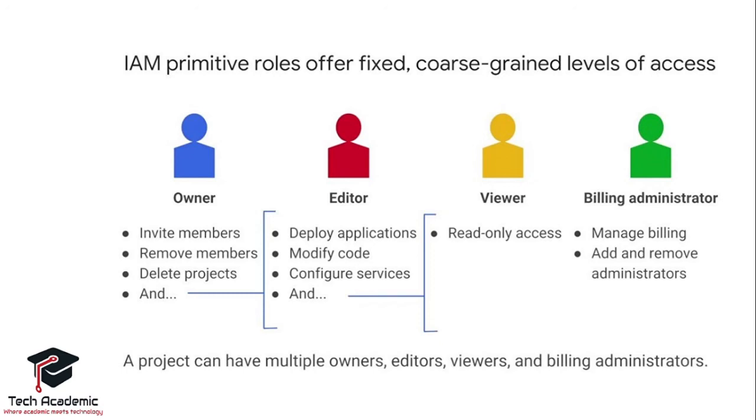Editor can edit the code, and obviously he or she can also read the code. Owner can invite members and remove editors and viewers from the project. So a project can have multiple owners, editors, viewers, and billing administrators. So this is all about the IAM roles.